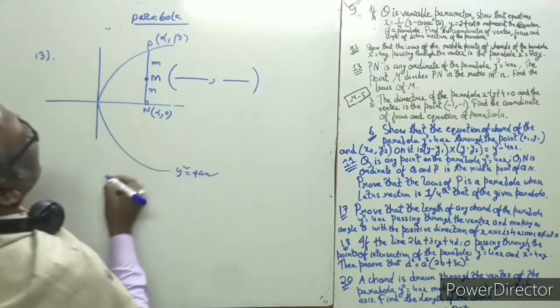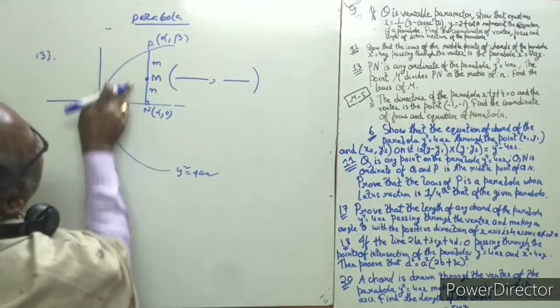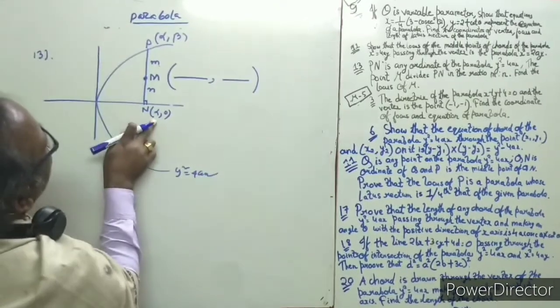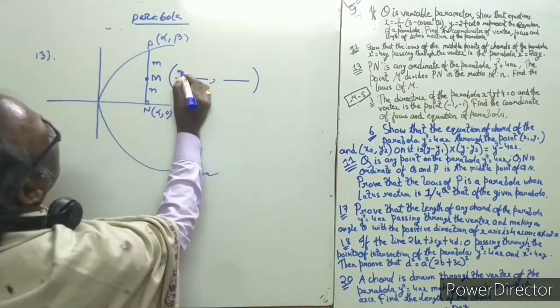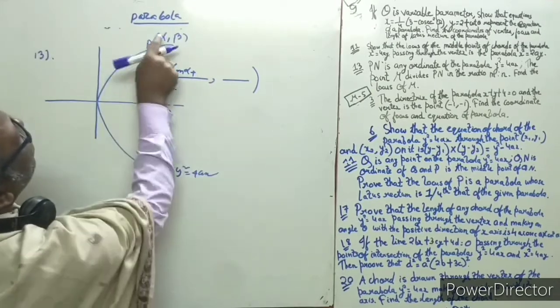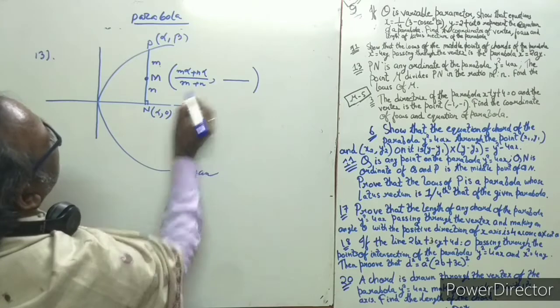M divides PN so that the ratio is m to n. So the x-coordinate is (m into alpha plus n into alpha) divided by m plus n, the sum of the ratio.